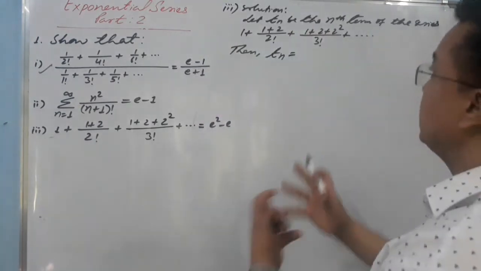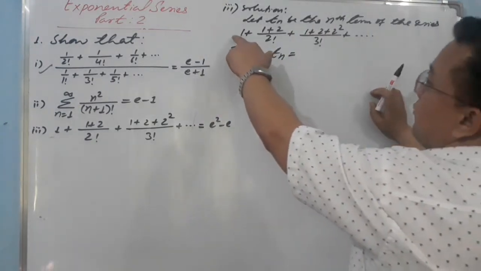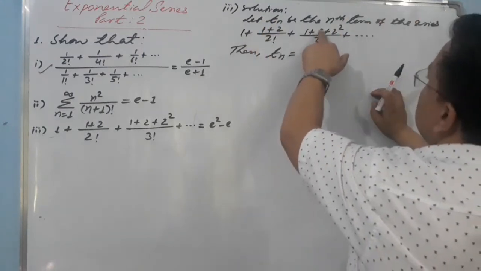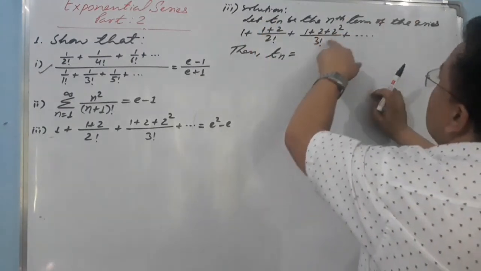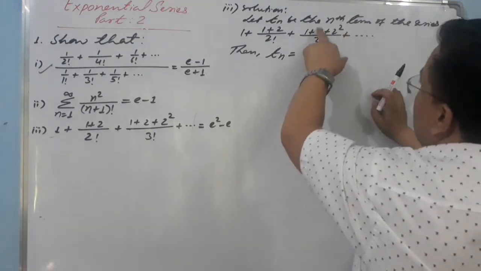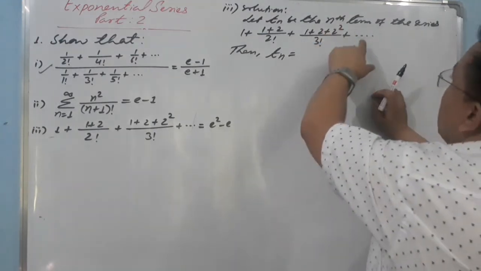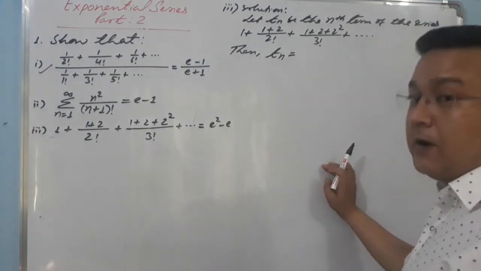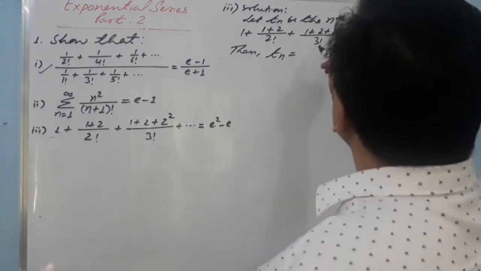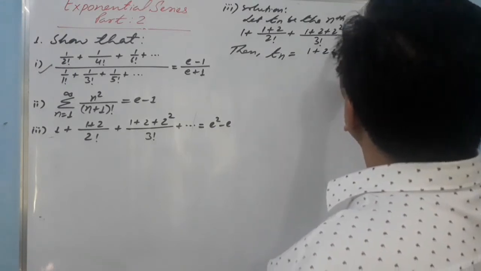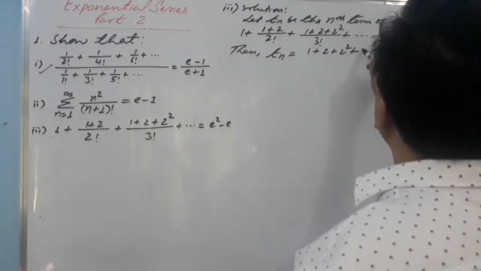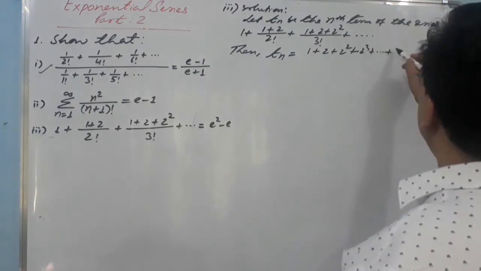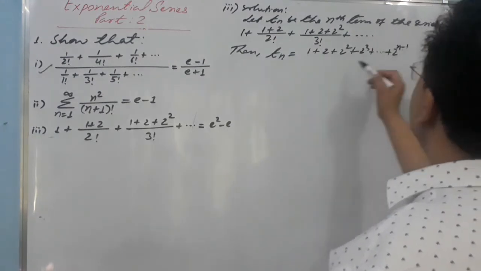So let's analyze. The first term is 1, the second term is 1 plus 2, and in the third term 1 plus 2 plus 2 square. If it is the third term then the power is 2, if it is the fourth term then the power is 3, one less. So in the nth term the power will be n minus 1. We shall write 1 plus 2 plus 2 square plus 2 cube plus dot dot, and at the nth term we will have 2 raised to the power n minus 1.